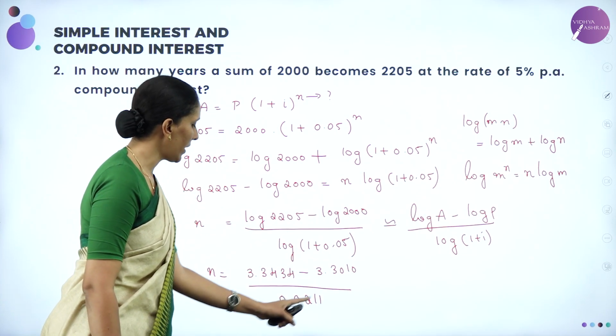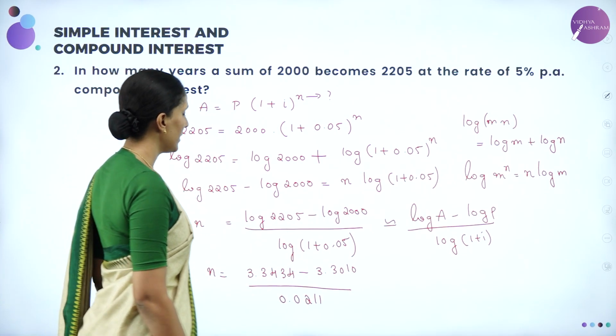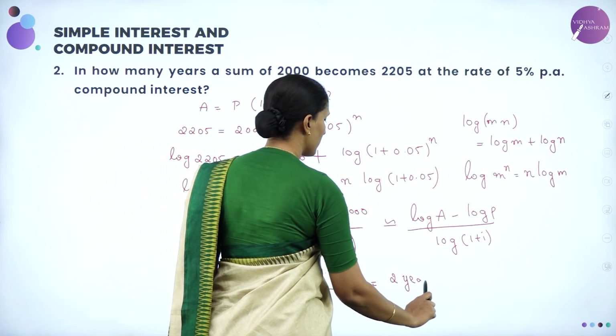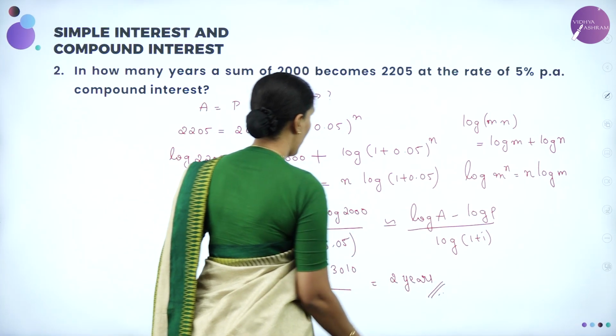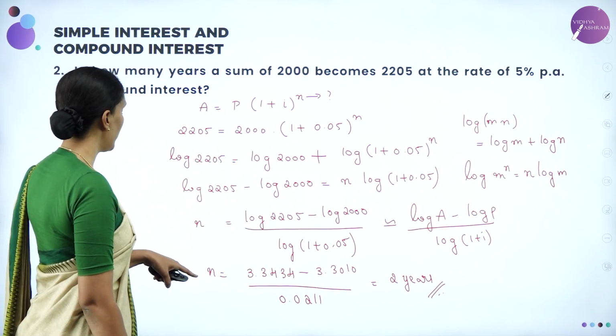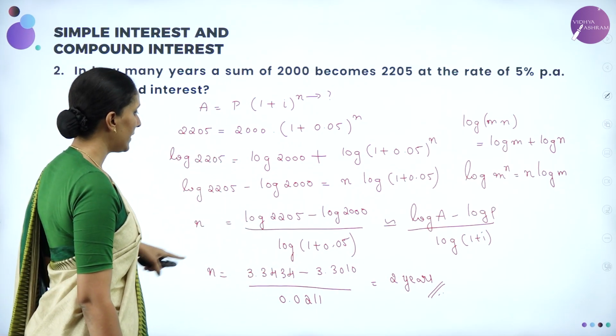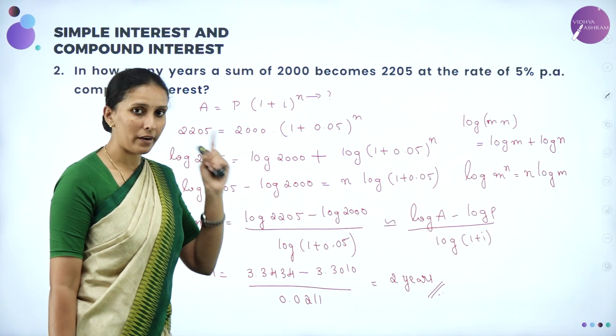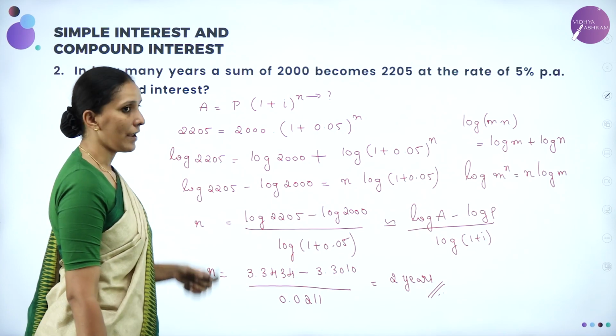So after simplification, the value of n is approximately equal to 2 years. So therefore, here the time period is 2 years. That means it takes 2 years for the sum 2000 to become 2205 when compounded annually.